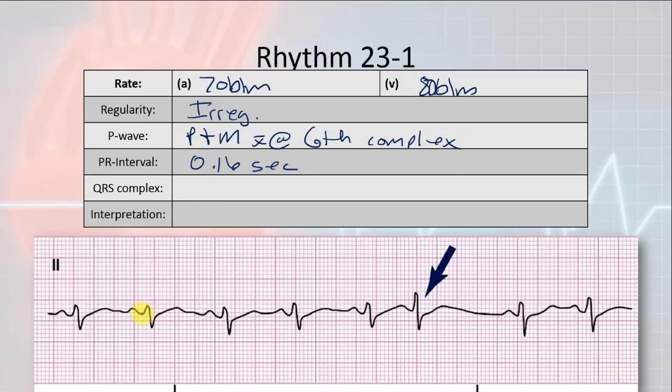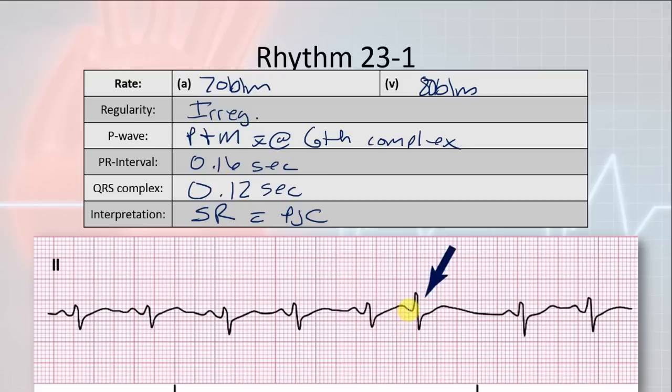The QRS complex looks like it's 1, 2, maybe 3, so we're kind of pushing the border here. So it's 0.12 second. The interpretation: always interpret the underlying rhythm first. The underlying rhythm in this case would be a sinus rhythm based on the atrial rate up here. Sinus rhythm with a premature junctional complex.